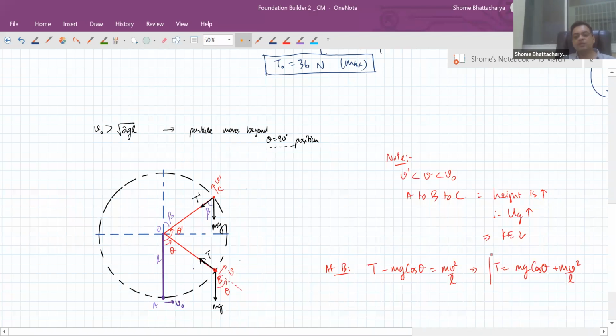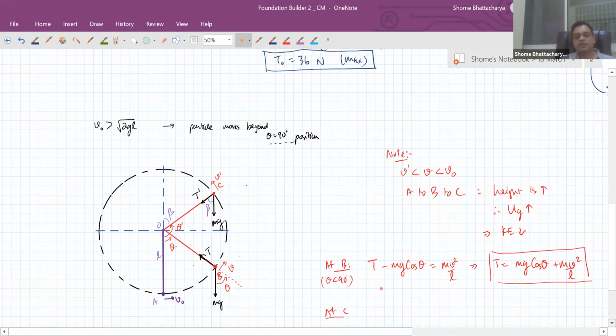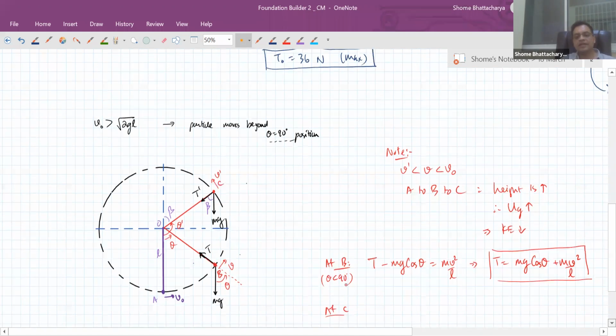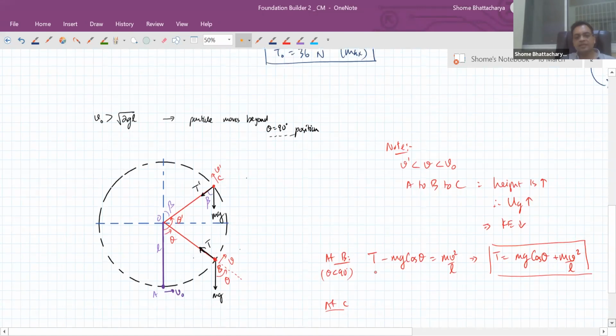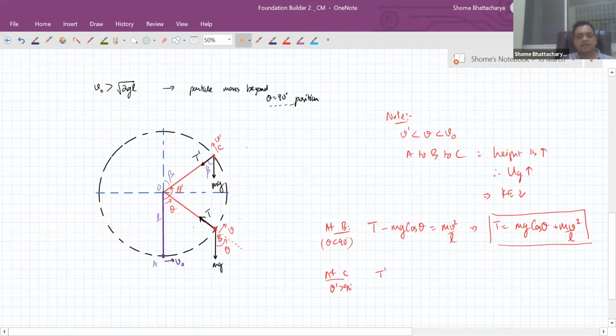But now if we compare this equation with the point C, which is beyond the 90-degree position, theta is less than 90 degrees at point B. But at C, the angular displacement theta prime, as you can see in the diagram, has gone more than 90 degrees. So at that point, what is happening? The tension T prime is acting along with mg's radial component towards the center. So it is tension plus mg cos beta, and that is equal to mv prime square by L. Now something interesting is happening.